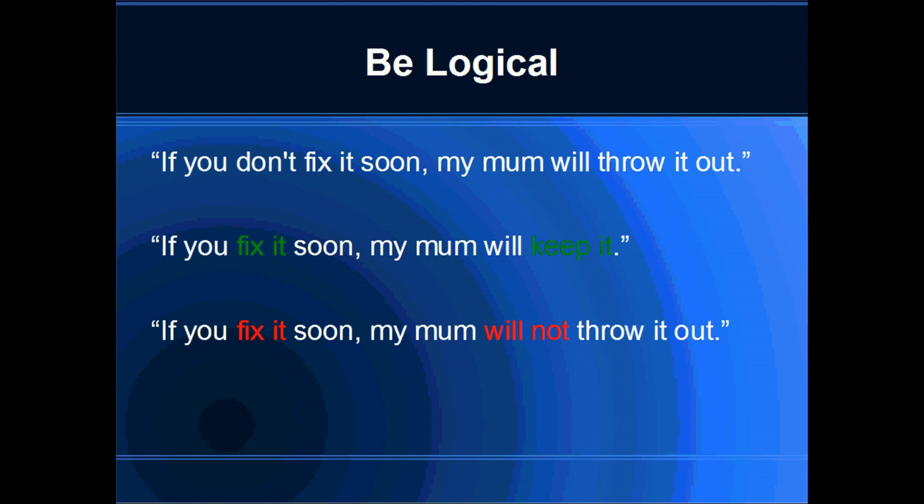So keep it would be contrary to throwing it out. In the third conditional proposition, if you fix it soon, which is the same as what we got in the second conditional proposition, then my mom will not throw it out. So here we just negated will throw out by saying will not throw it out, which again, in terms of the meaning, kind of means the same thing as just keeping it.